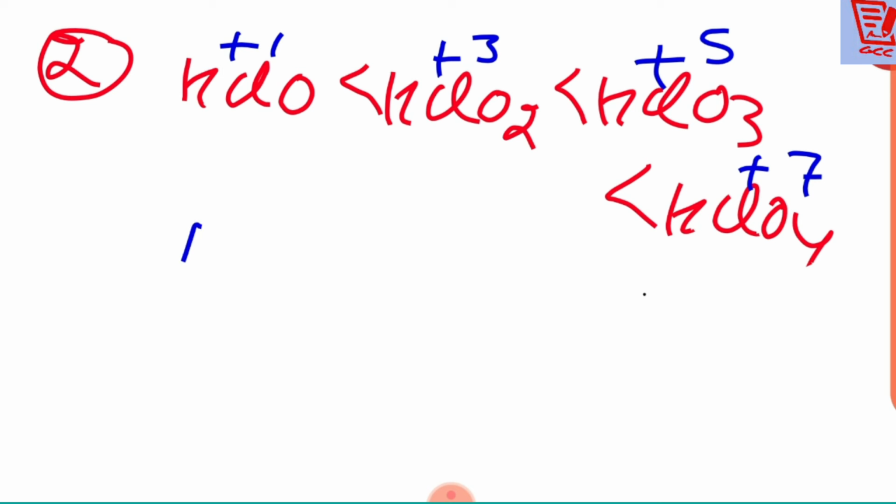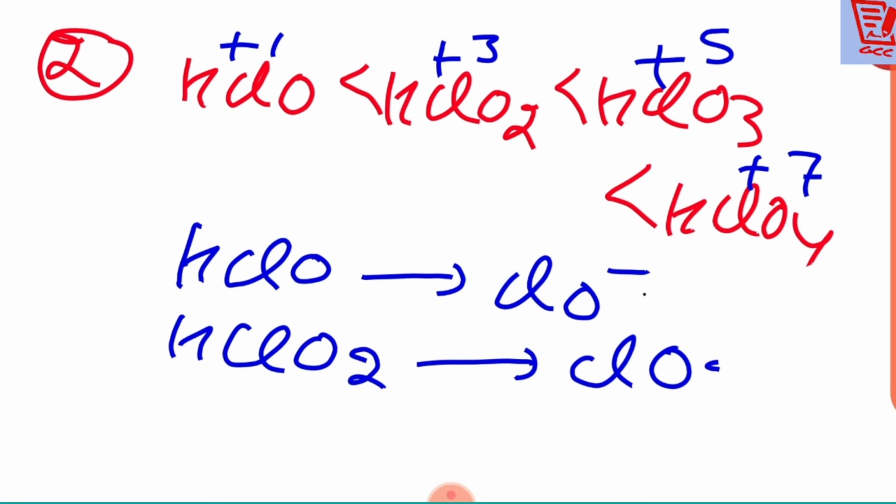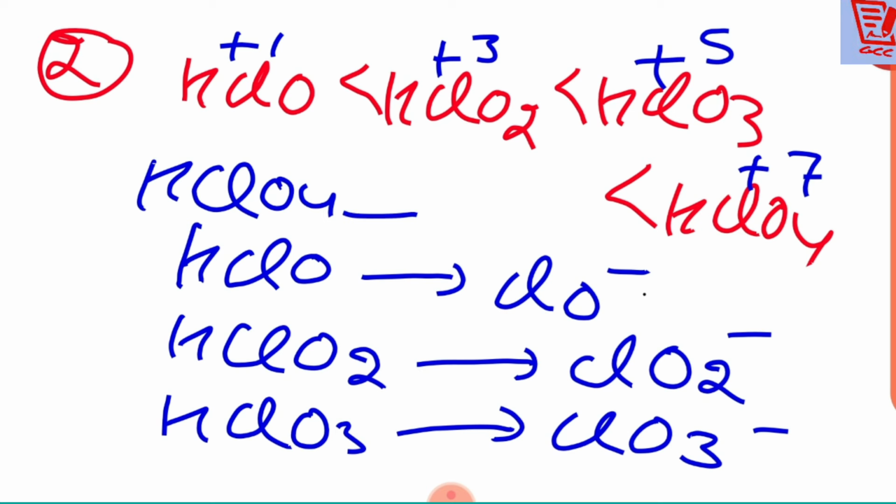You see, when we remove hydrogen from HClO, it will form ClO negative, and when we remove from HClO2, it forms ClO2 negative, from HClO3 it forms ClO3 negative, and from HClO4 it forms ClO4 negative.